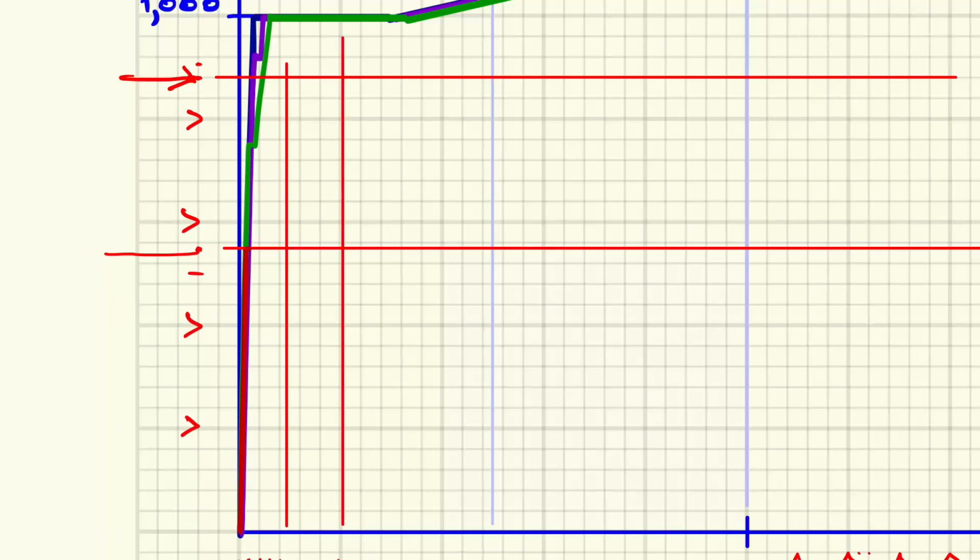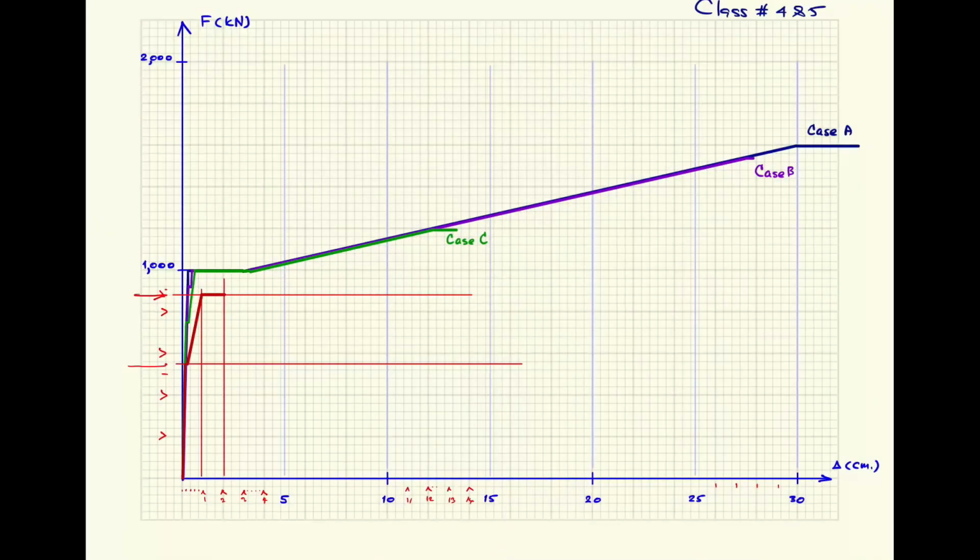And then it goes from this point to here, and from this point to here. That's it. No longer useful.